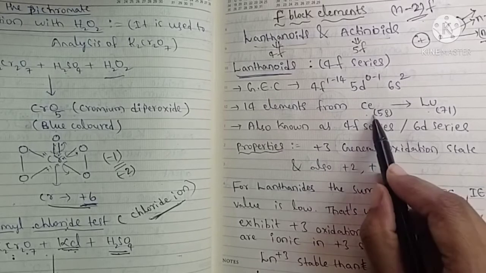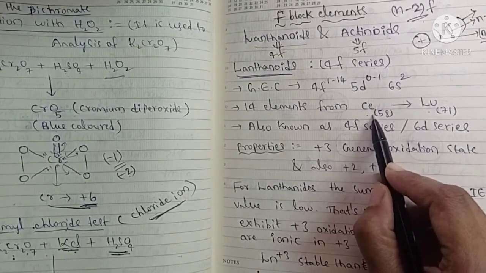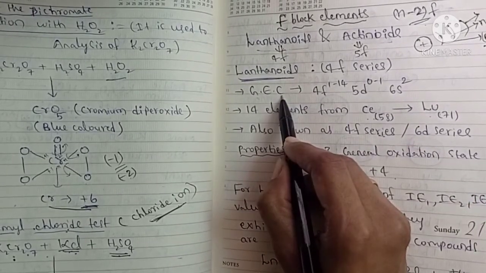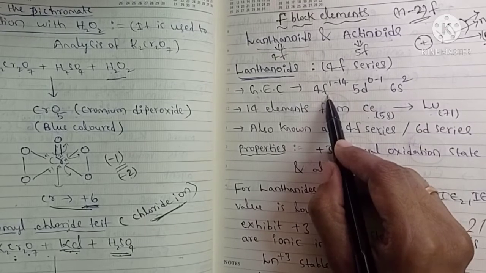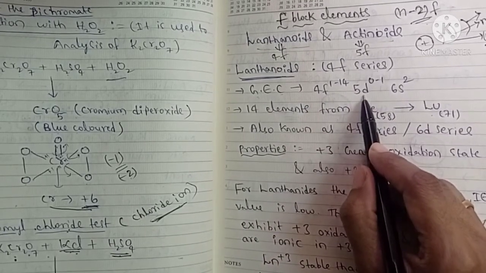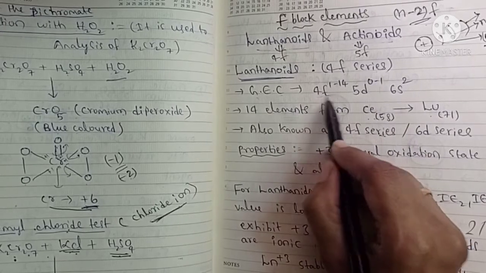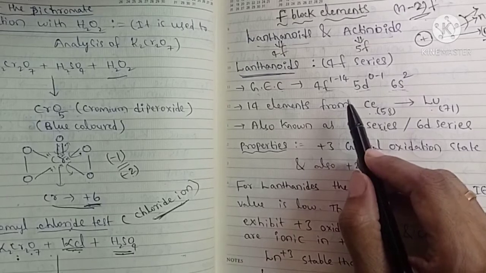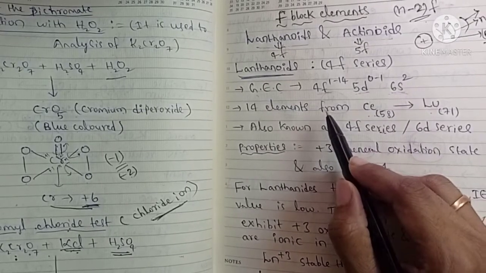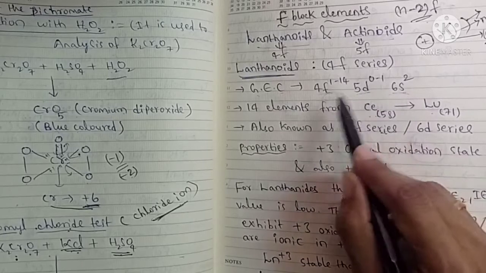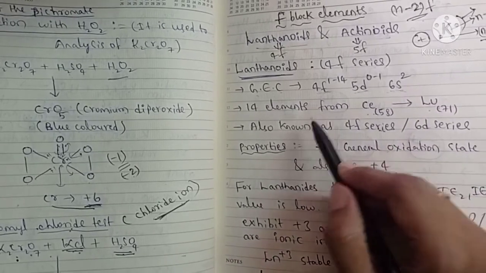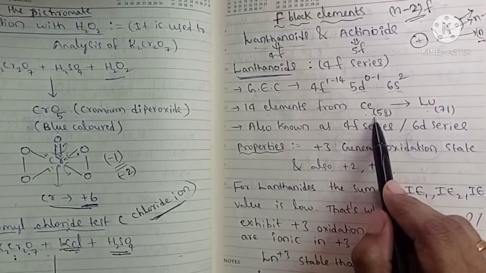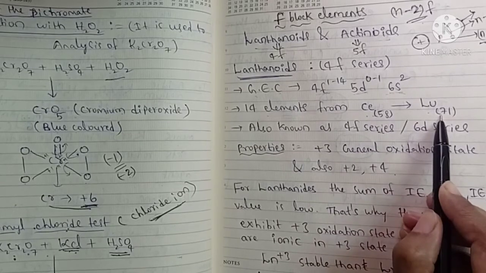They belong to the 6th period, and if you observe their general outermost electronic configuration, it is 4f1 to 14, 5d0 to 1 and 6s2. These shells, the 4f, 5d and 6s shells, are considered the valence shells of the f-block elements, meaning the electrons in all these orbitals will participate in reactions. There are 14 elements in the lanthanoid series, from cerium with atomic number 58 to lutetium.